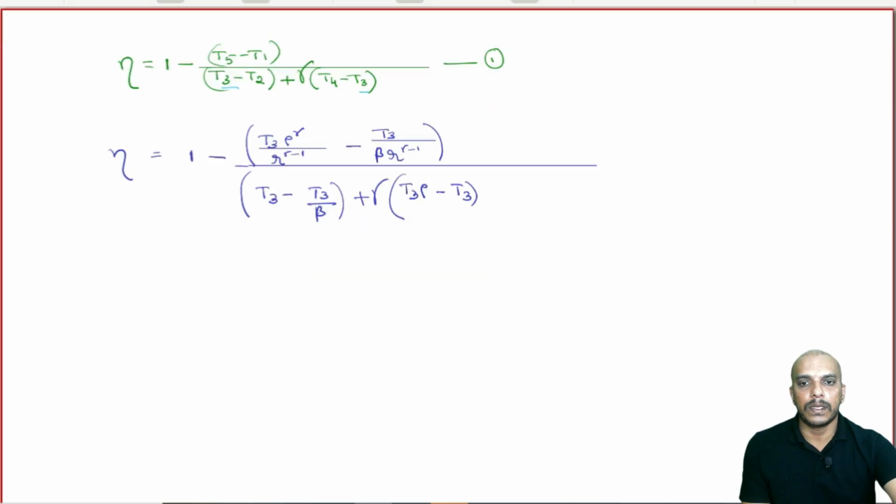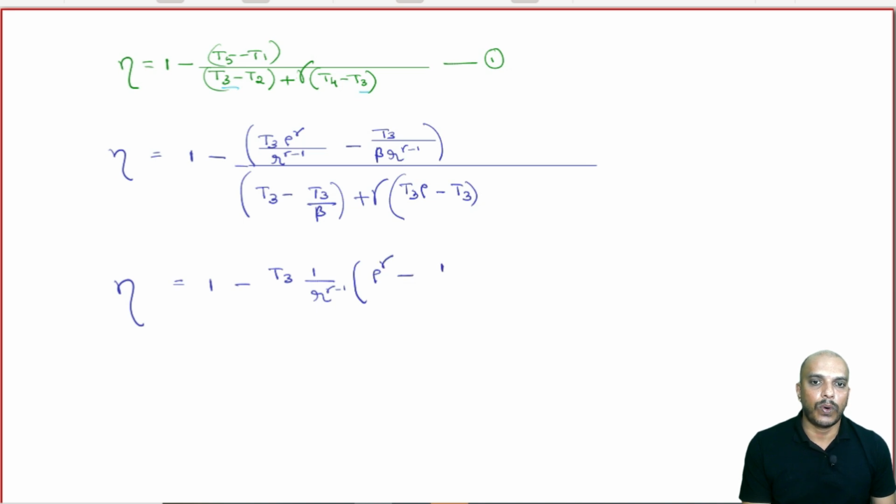Now, the whole idea of this was to take out T3 common and cancel out from numerator and denominator. So I will do that first. I can take T3 common here, and also I can take 1 by R power gamma minus 1 common in the numerator. So all we will end up with is rho power gamma minus 1 by beta in the numerator.